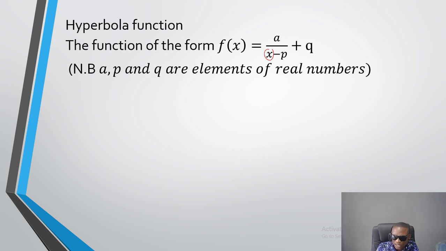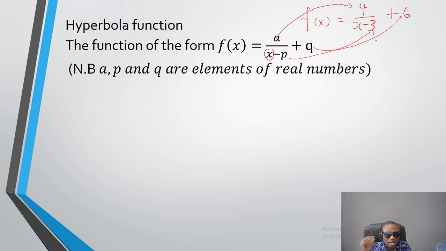Let me give an example of what I'm talking about. f of x equals 4 over x minus 3 plus 6. So we know that a is 4, p is 3, q is 6. So a, p, q are the real numbers.